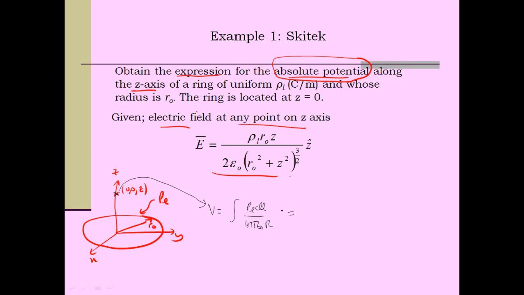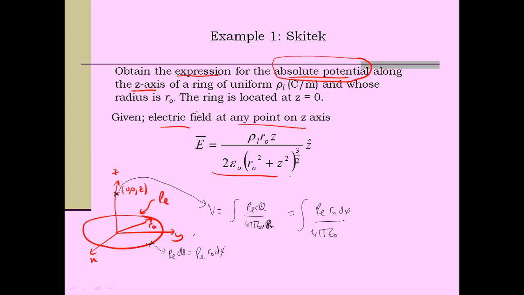Here rho L dl is a small element of charge on your ring, which can also be written as rho L R naught d phi. Basically this is the same as what we did in chapter 2 on Coulomb's law. So the integral has rho L dl equal to rho L R naught d phi, divided by 4 pi epsilon naught R.